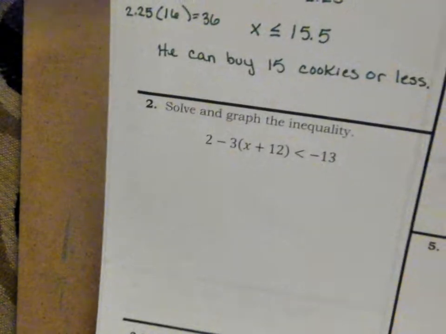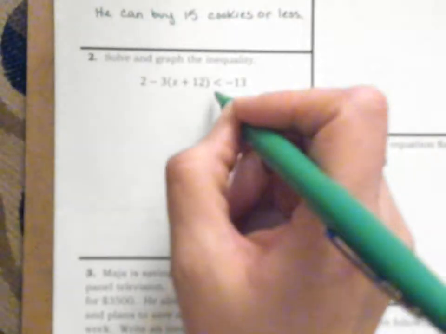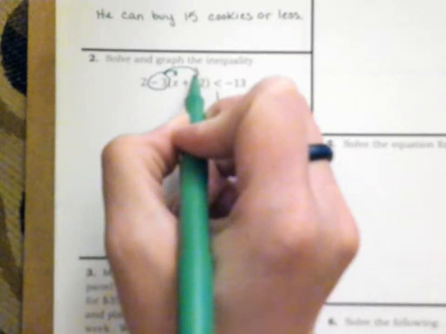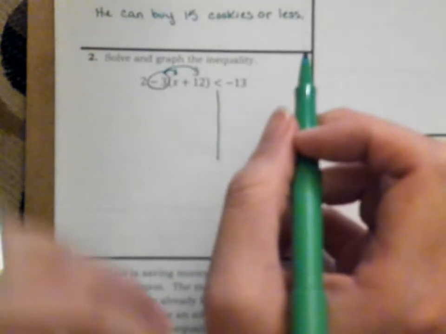Number 2, brick wall. We have this 2 on the outside, and then we have a -3 here that's being multiplied. So we're going to do that first. We're going to use distributive property.